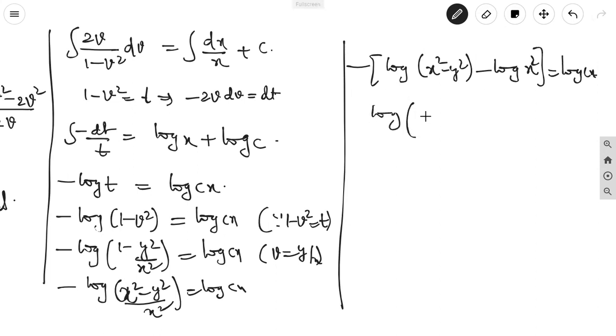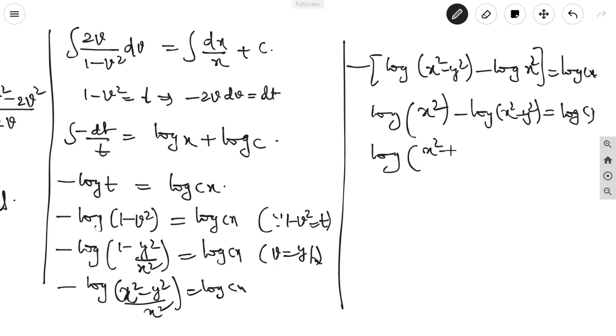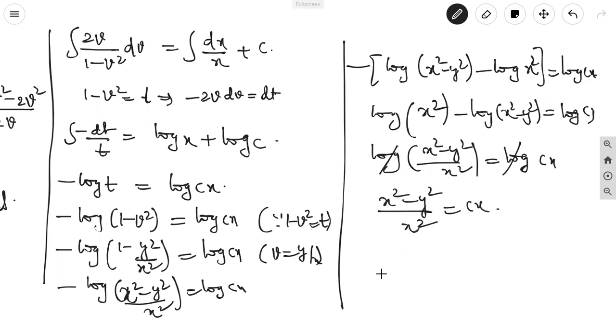Log of x square minus log of x square minus y square equal to log cx. Log of x square minus y square by x square equal to log cx. Log gets cancelled. x square minus y square by x square equal to cx. x square minus y square equal to cx cube is the required solution of the given equation.